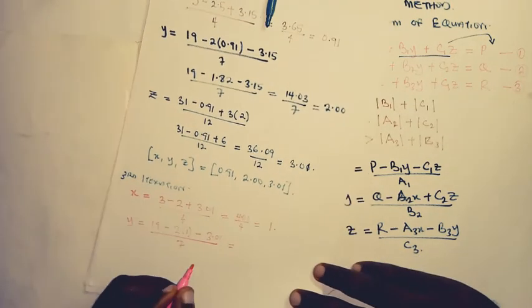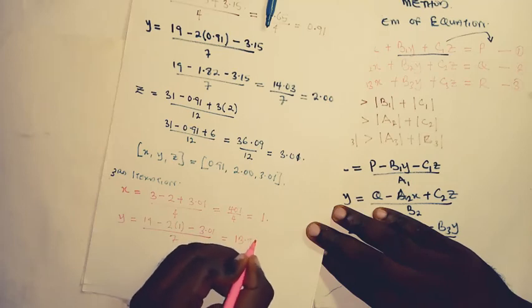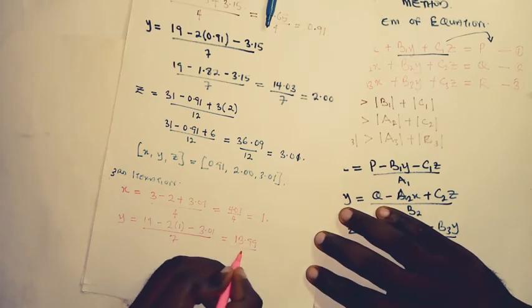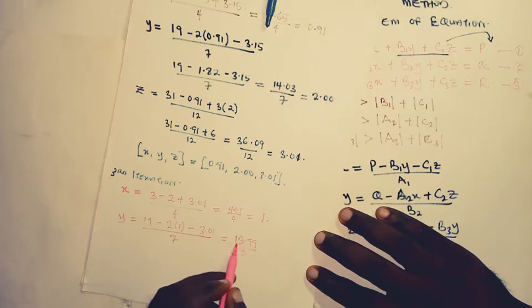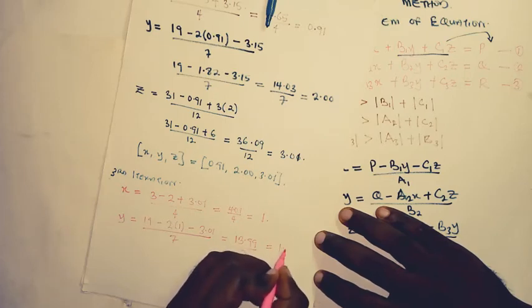And this arithmetic will give me 13.99 divided by 7. Watch, this is approximately 14 divided by 7, and this will give me 1.99, approximately 2.